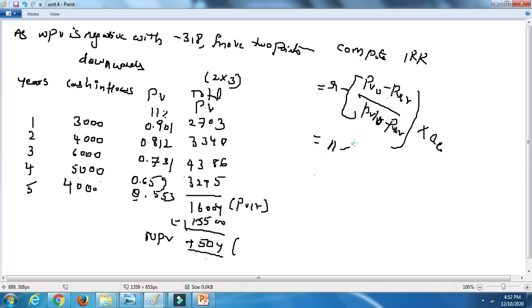So 11, let's take, minus PVO is nothing but the initial investment, 15,500, right? So minus PVLR is nothing but your lower interest rate value. So how much we got? 16,004. You need to take this 16,004 divided by the higher rate we got.